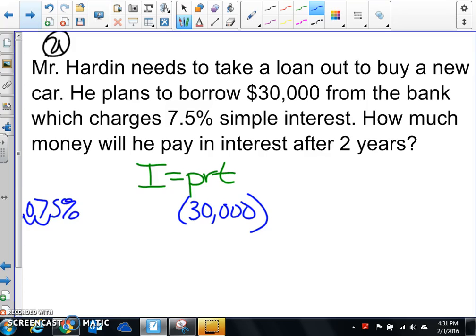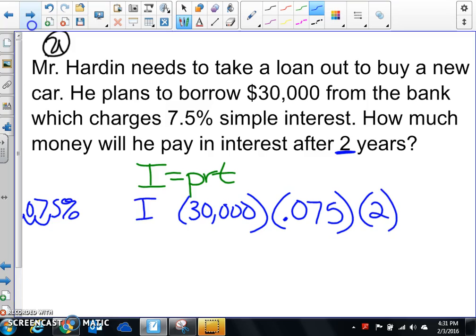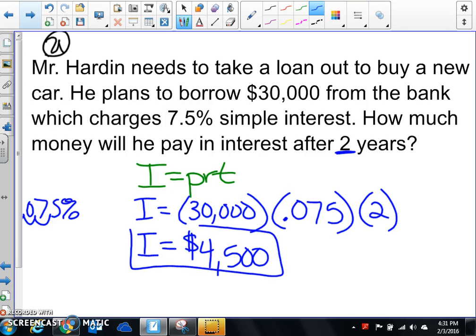So that's 0.075. And then my time is in years, and sure enough, it's 2 years. So now I just multiply all that goodness together. And that should give me $4,500. And all they ask is how much money will he pay in interest. So I'm done.